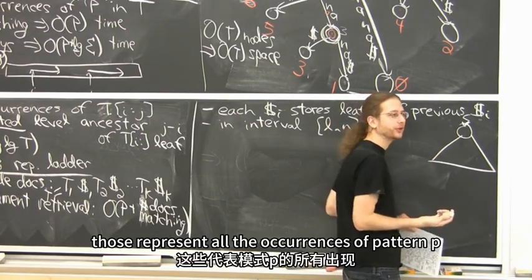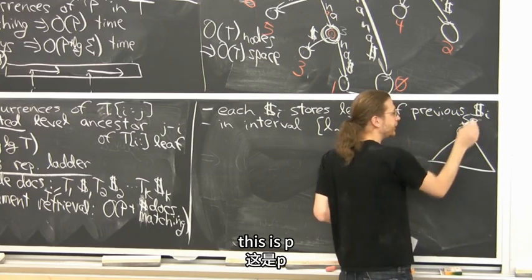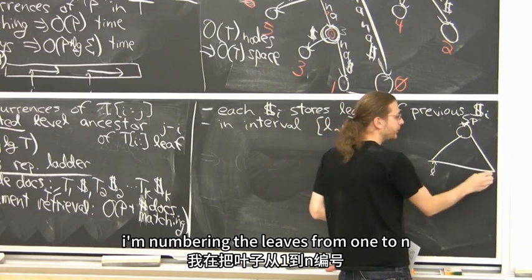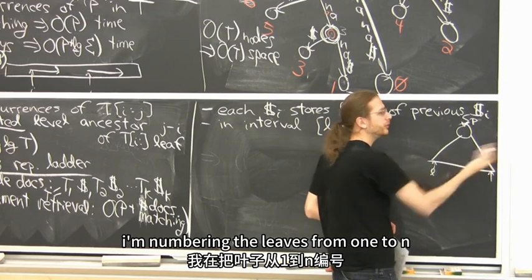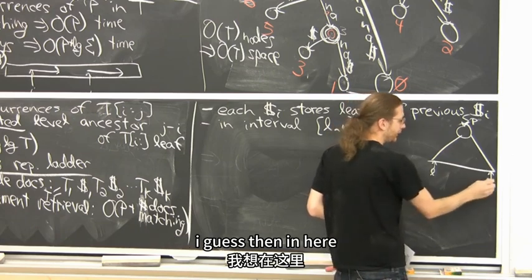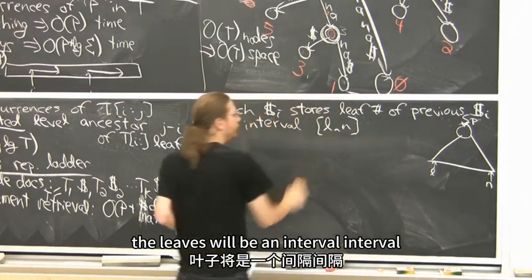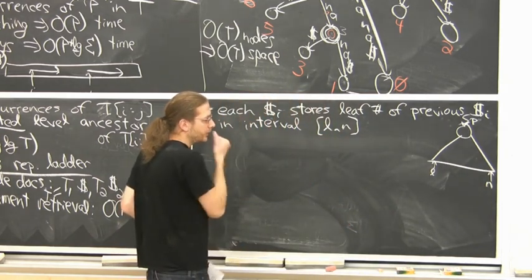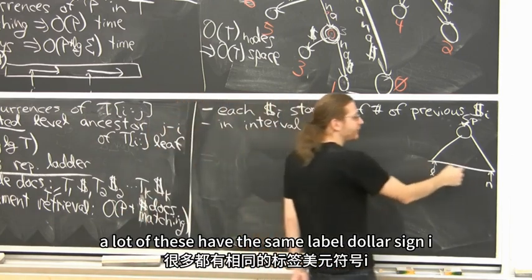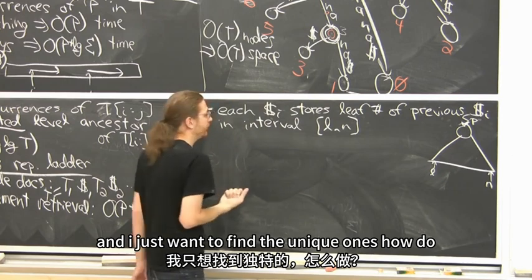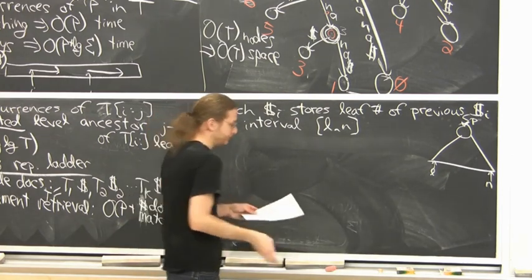Those represent all the occurrences of pattern P. So this is P. And let's suppose that those leaves are numbered. I'm numbering the leaves from 1 to n, I guess. Then in here, the leaves will be an interval, interval L comma R. And the trouble is a lot of these have the same label $i. And I just want to find the unique ones.